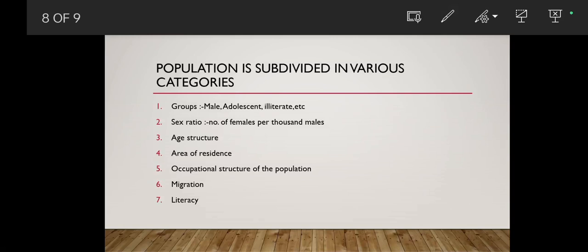Sixth is migration. Migration, as we all know, is moving from one place to another in search of job or residence. So, the movement of an individual or a group from one place to another is termed as migration. This could be for a short period of time, a long period of time, or permanently. Marriage, education, business, transfer, tourism, natural calamities, wars, etc. are the reasons why people migrate.